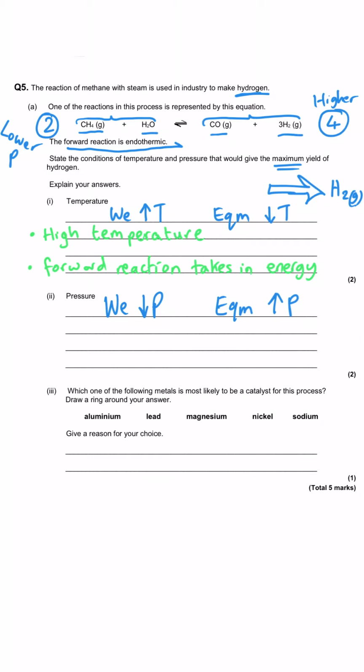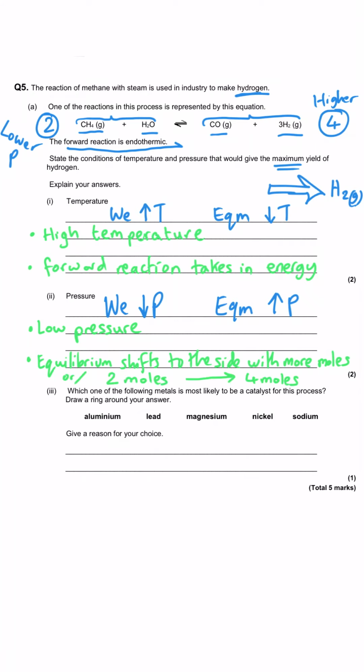And so what we need to write for our answer is the pressure we would use would be a low pressure. And the follow-up mark for the second mark is we'd need to say that's because a low pressure favours a reaction where more molecules are formed, or where 2 molecules turn into 4 molecules.